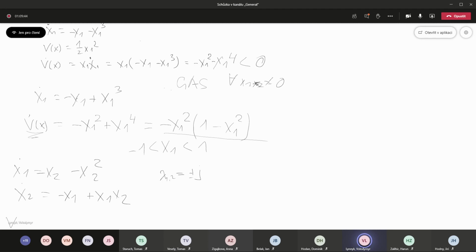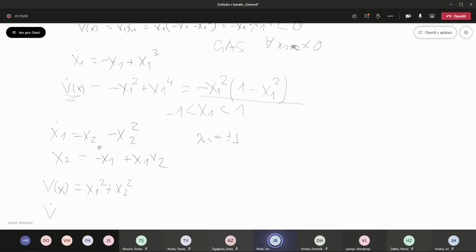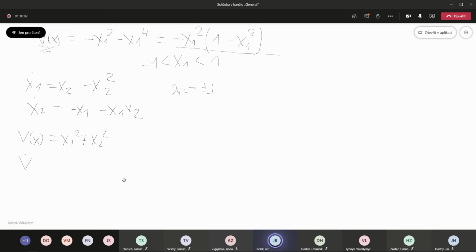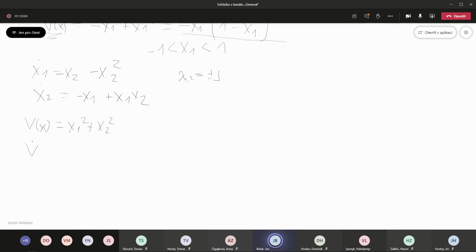Let's take the function V of x equal to x1 cubed plus x2 cubed. Some question? Yes, can we go through some examples of the variable gradient method to calculate the Lyapunov function?